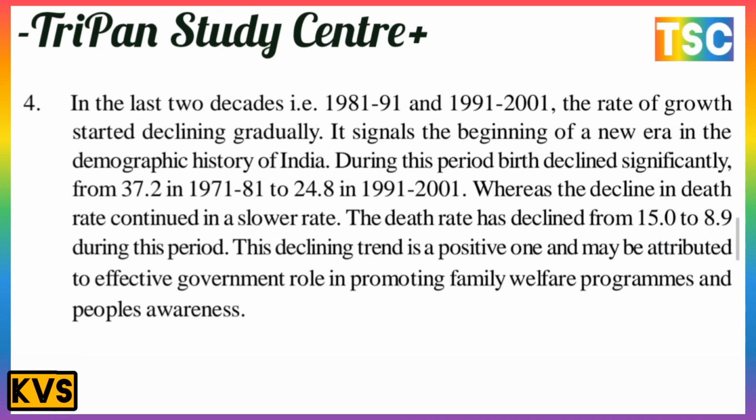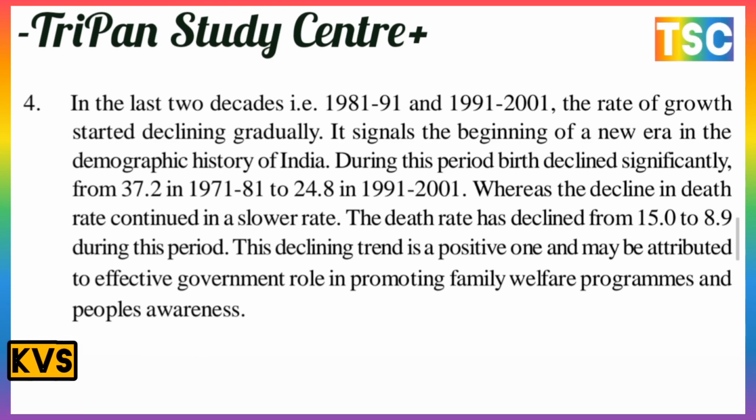Fourth, the last two decades, 1981 to 91 and 1991 to 2001. The rate of growth started to decline gradually. It signals the beginning of a new era in the demographic history of India. During this period, the birth rate declined significantly from 37.2 in 1971 to 81 to 24.8 in 1991 to 2001, whereas the decline in the death rate continued at a slower rate.